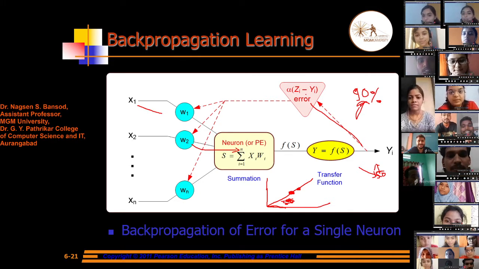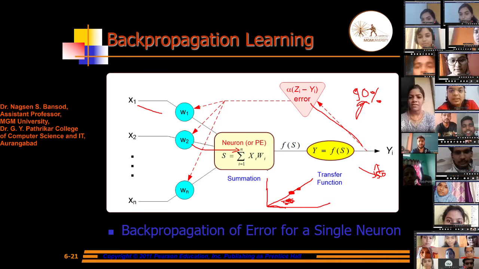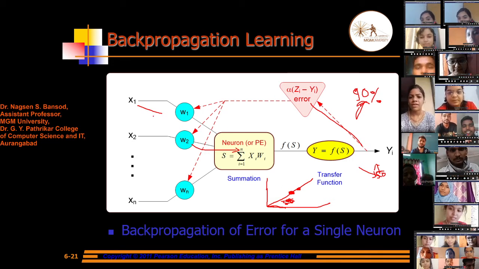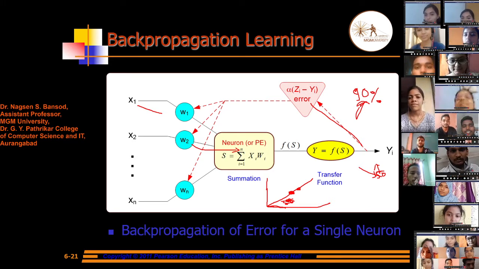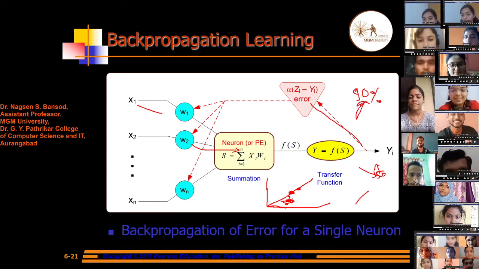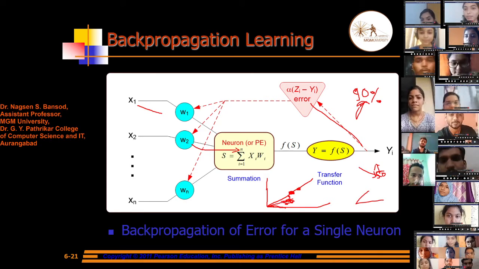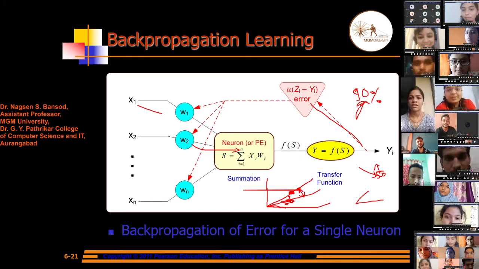To minimize this gap we have to subtract, meaning zj minus yj. Then we will minimize this gap again. To minimize this gap we have to change the weight values, w2, wn, all of them, and then we will move towards the desired output. This gap is our error.